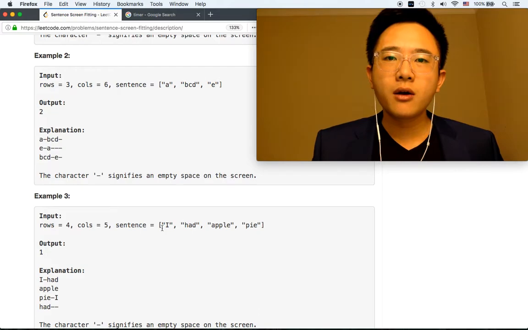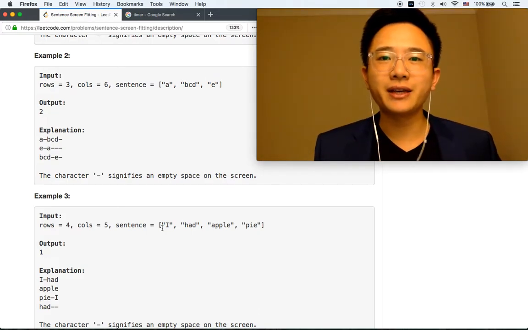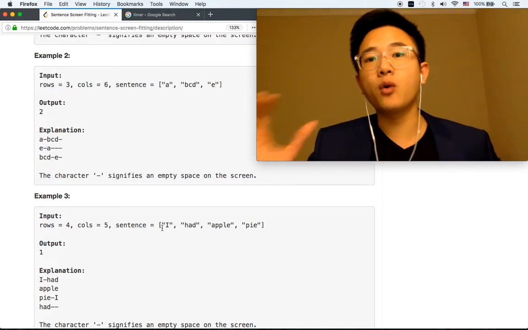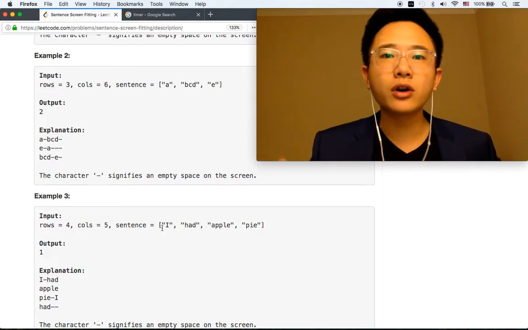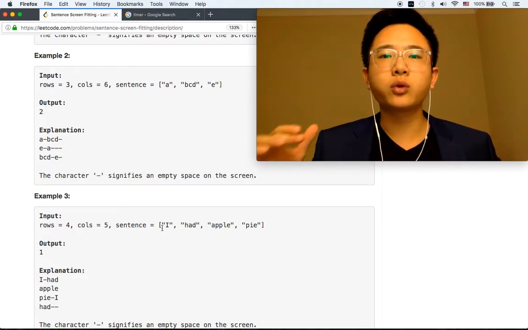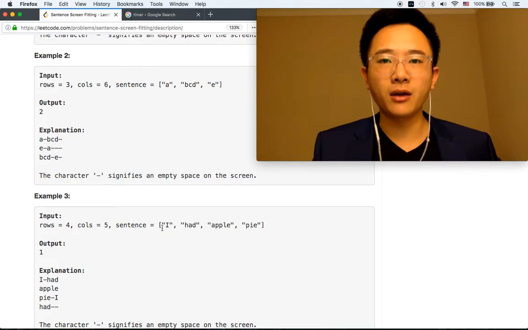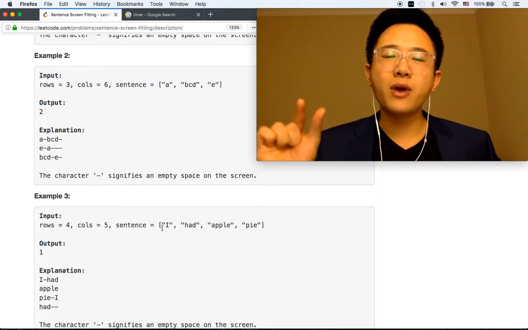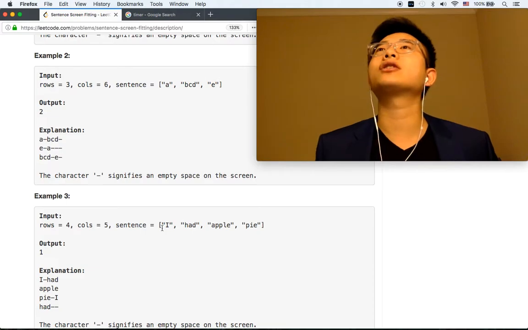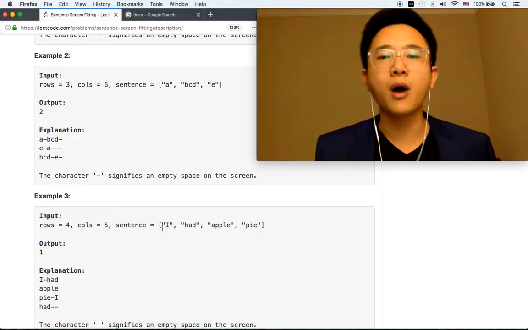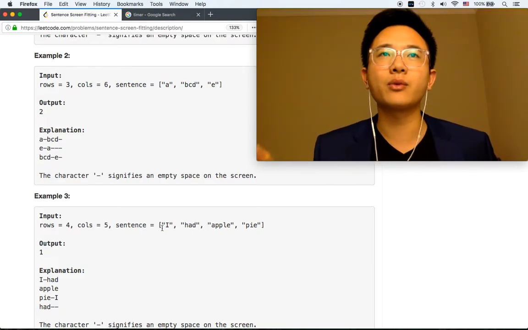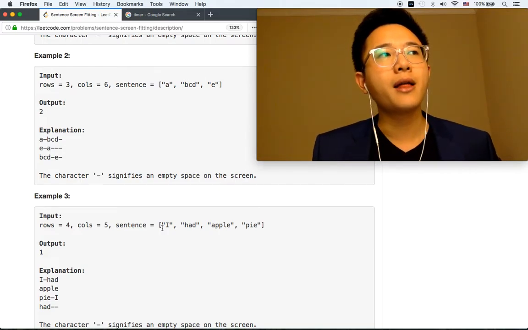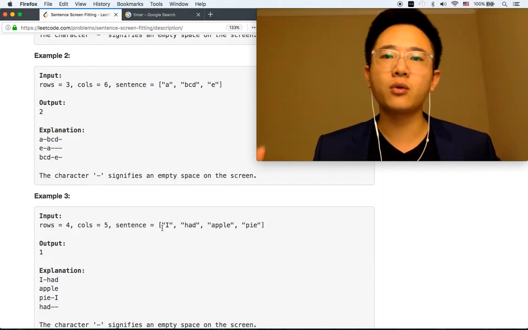So the runtime of this is, say we have n words, all right? So we have n words, and the length of each word is m. So for every word we have to check. Well, actually not necessarily. We only need to check once because we need to check the length. We are not going through the entire word.